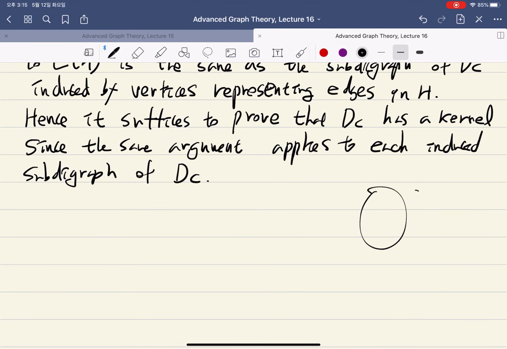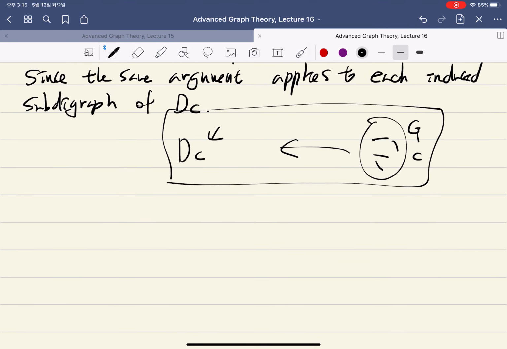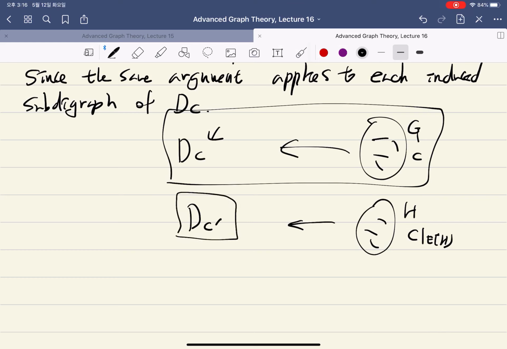Because we have this G and then some C, and we get this orientation DC. And if we prove that in this case, this always has a kernel, then if we consider a subgraph with C restricted to this H, then we get another, say, DC prime, which also always has a kernel.